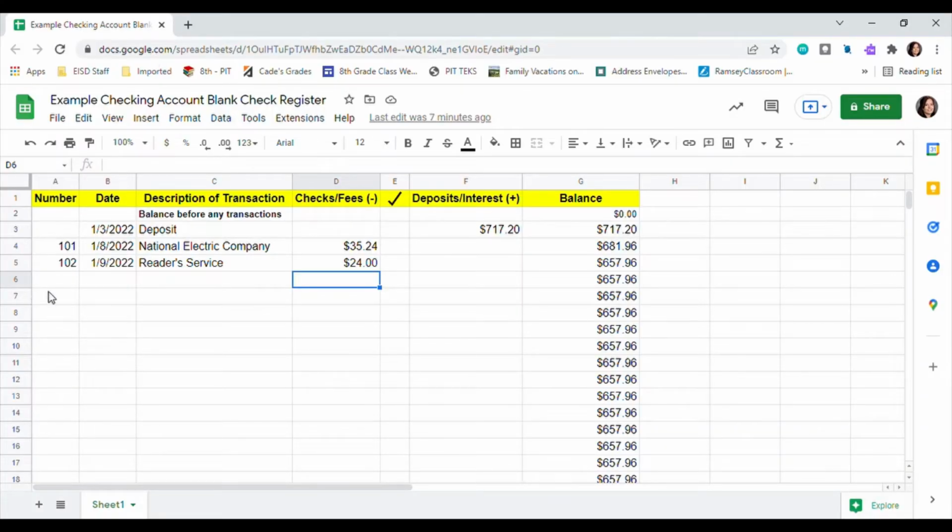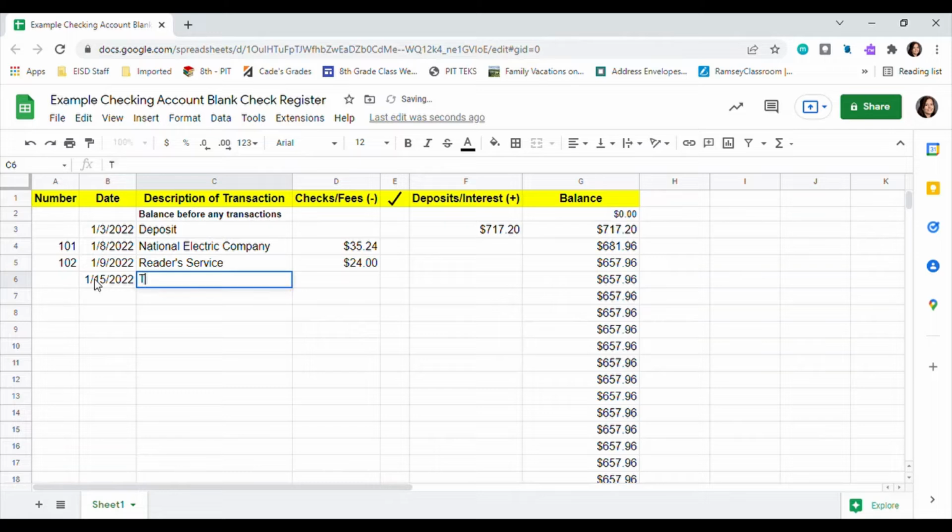So my next transaction says that on January the 15th, I used my debit card that I got in the mail, and I spent $40 at Ticket Forum to buy some tickets. So there is no check number. When you use a debit card, no check number. So I'm going to skip the cell A6. Nothing goes in A6. And I'm going to go to B6 and put the date that I used my debit card, which is January the 15th.